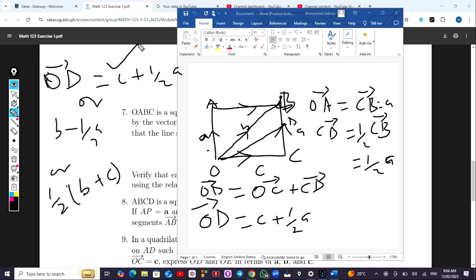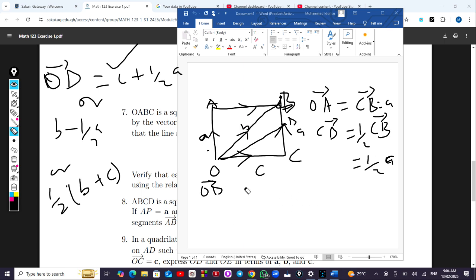So let's show the second one. We now want to show that OD is equal to b minus half a. How do we do that? We consider triangle OBD.